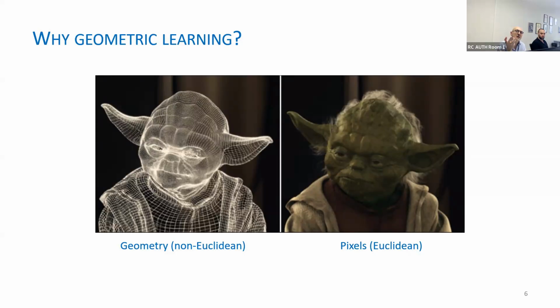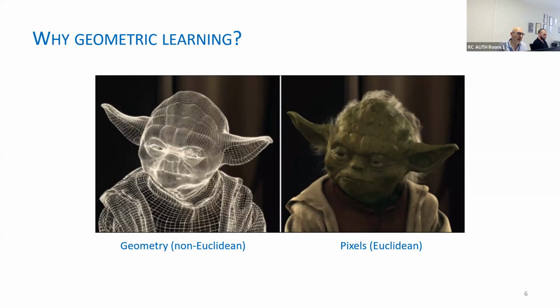In some sense, the geometry domain is richer because we know everything about the object, about the shape. We can, for example, account for the volume and for distances on the surface. But for pixels, it is just a projection of the geometry on a 2D domain, and so we lose a lot of information.